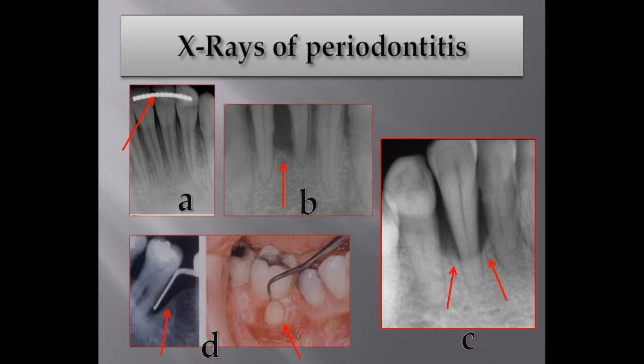And on this X-ray, you can see the normal position of bone signed as A, and reduction of bone or alveolar walls in B, C, D, and photo D shows you measurement of depth of the pockets.